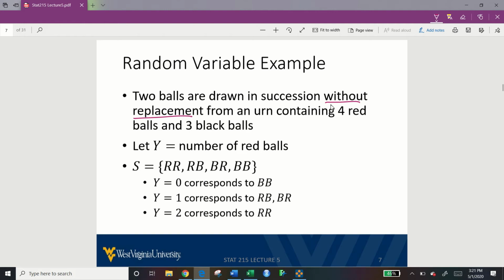Since Y equals our number of red balls, we have the options of Y equal to 0, meaning the situation where we pull 2 black balls, Y equal to 1, which corresponds to our red then black, or our black then red, and Y equal to 2 corresponds to when we pull 2 red balls.